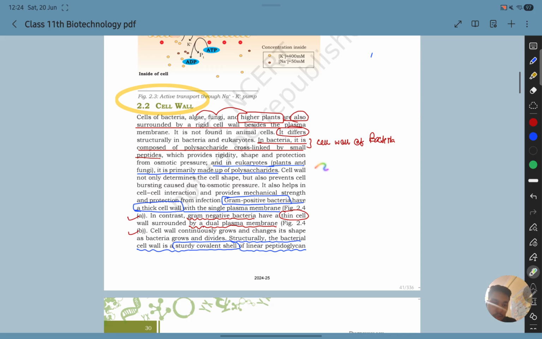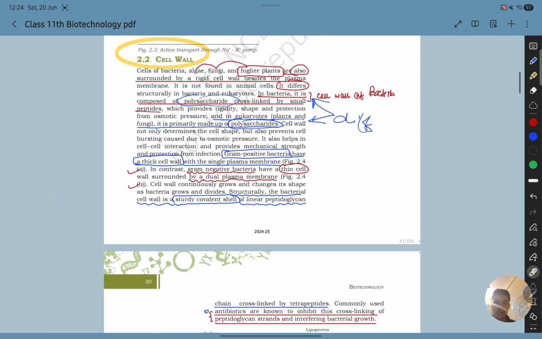So what is the difference? Both are made of polysaccharides, that's true, but the difference is that in bacteria they are cross-linked by small peptide bonds, while in eukaryotes it is just normal.